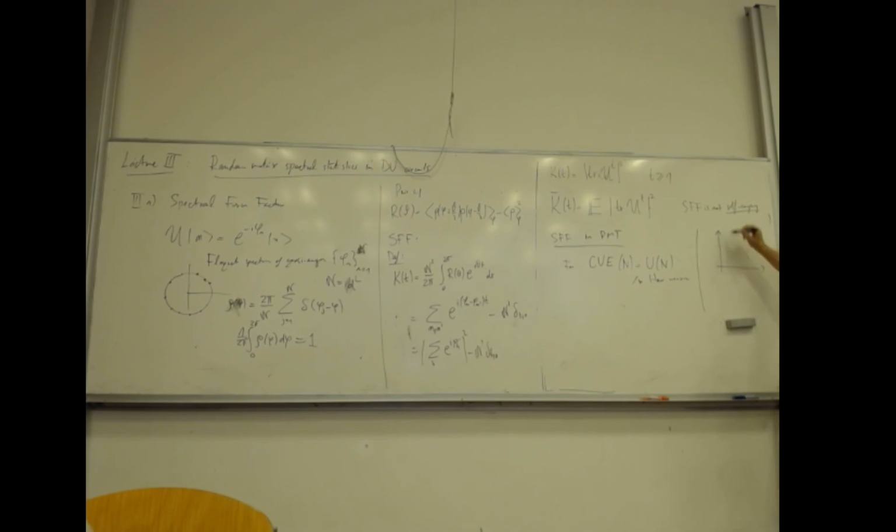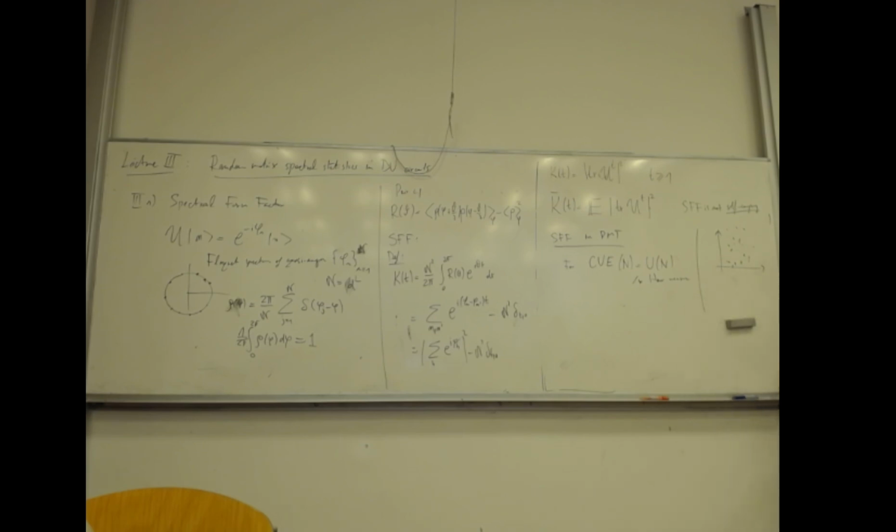So what you get is something like this, right? Then you take another random matrix, you plot it, you get something completely unrelated. Another. So what you get is an ensemble of points. For each time, you have an ensemble of points. And only when you compute the average do you get a definite result. But the variance is of the same order as the average. So before you do the average, you know nothing about what's going on.